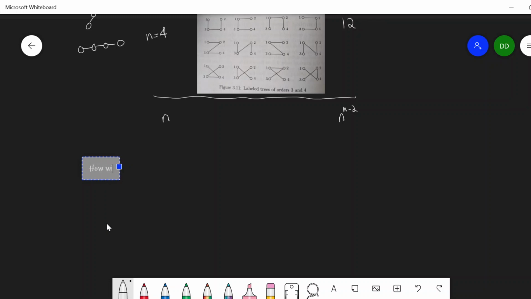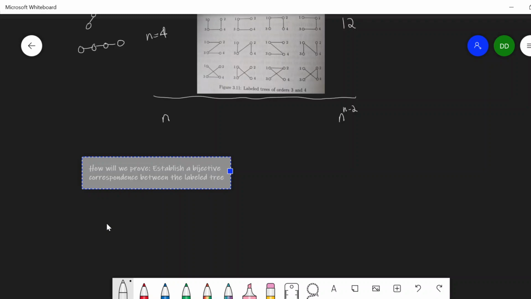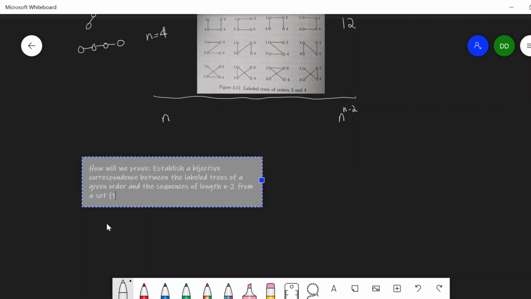We're going to establish a bijective correspondence between the labeled trees of a given order n using the labels 1, 2 up through n, and the sequences of length n minus 2 from the set 1, 2 up through n.